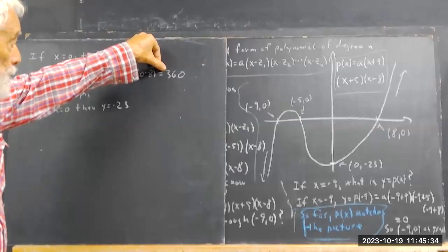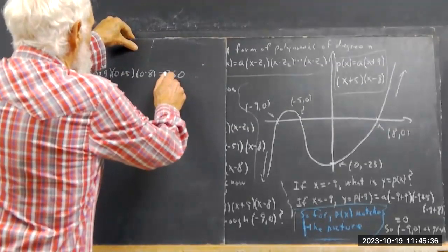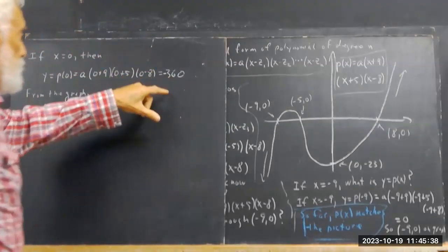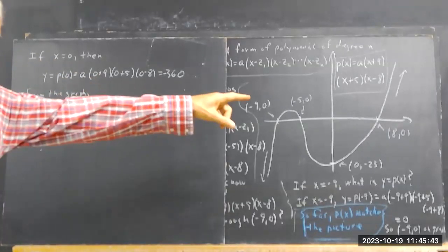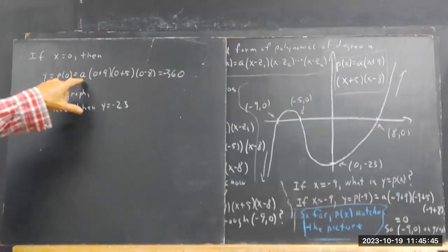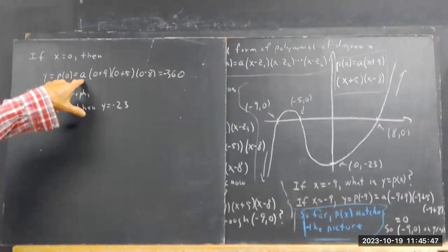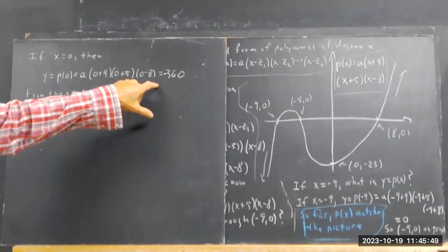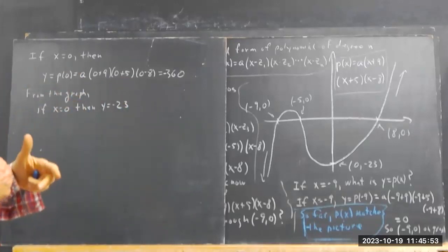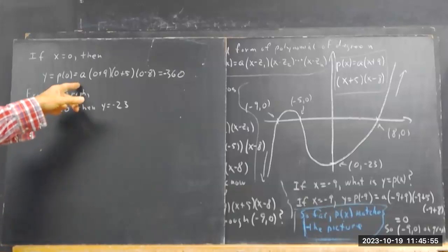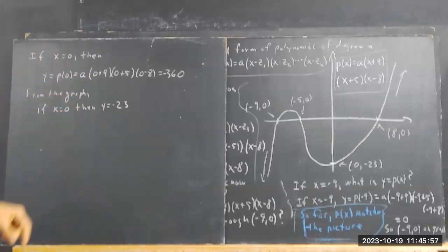Okay. If x equals 0, then we get y equals negative 360. There's a glitch on the board there. It made it a little hard to write that, but then we have it. Okay. So if x equals 0, we use the function. We've got the function. It's got a in it. You don't leave a off because you're focused on this. It doesn't make it a good idea to forget about the a. Okay, if you don't have the a, you can't solve this.